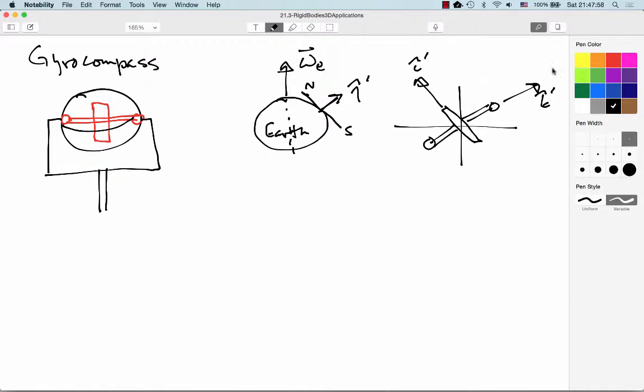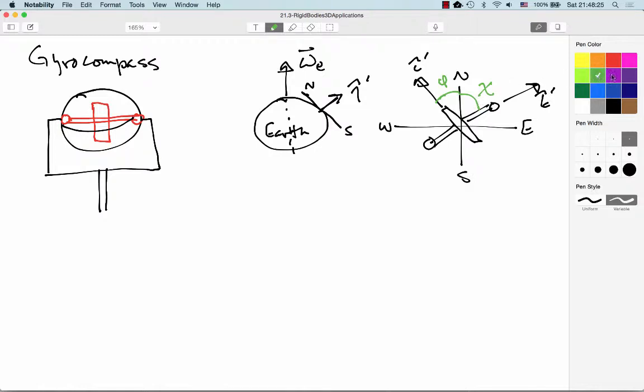We'll say that the angle that the K axis makes with respect to, I'm sorry, I forgot to put in my compass rose here, north, south, east, west. The angle that the I axis makes with respect to north will be phi, and that the K axis makes with respect to north will be chi. That's not an X, that's a chi.